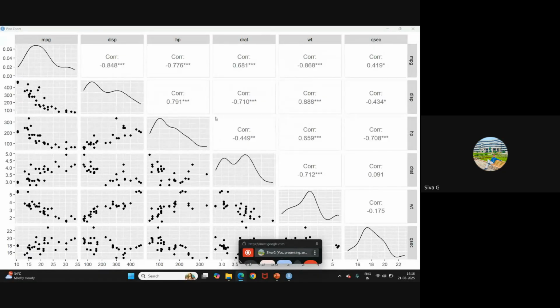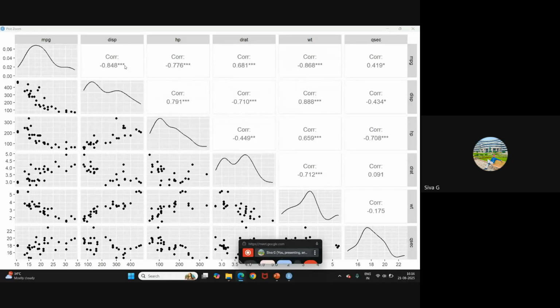The best advantage here is that we have the stars. See carefully. If I take the relationship between MPG and displacement, the correlation is minus 0.848, and above it we have 3 stars. In data analysis, wherever you find a star, remember the star represents significance. A single star means significant at the 5% level of significance, which means 95% confidence that the value is significant.